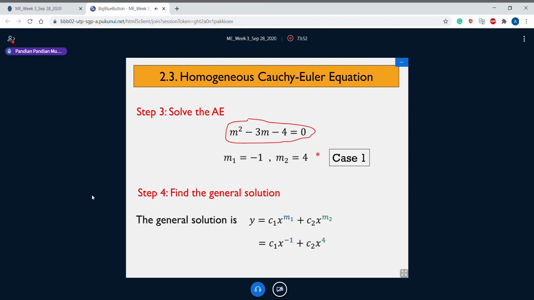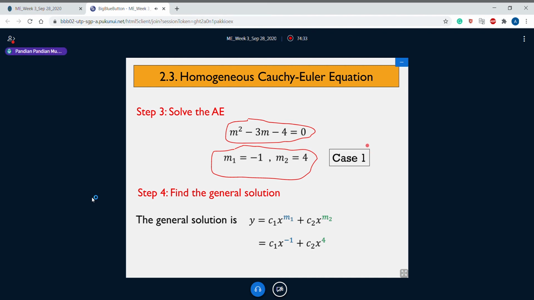But I'm giving you the answer here: the factors are (m plus 1)(m minus 4) equals 0. You can double check later. Or you can use the quadratic formula. There are a few ways to solve this equation. If it's easy to factor, then you can use trial and error or intuitive thinking. If it gets complicated, then you use the quadratic formula. If you solve this, you have two distinct real roots, m1 is minus 1, m2 is 4.